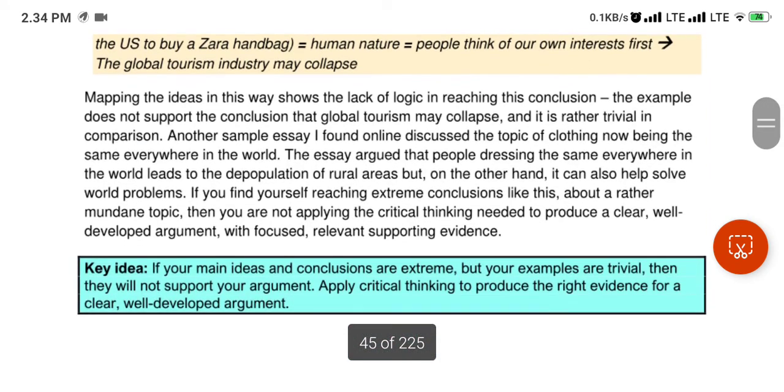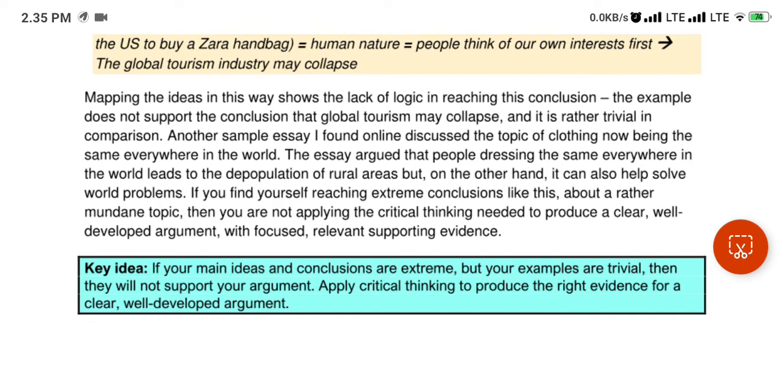Mapping the ideas in this way shows the lack of logic in reaching this conclusion. The example doesn't support the conclusion that global tourism may collapse, and it is rather trivial in comparison. Another sample essay I found online discussed the topic of clothing now being the same everywhere in the world.